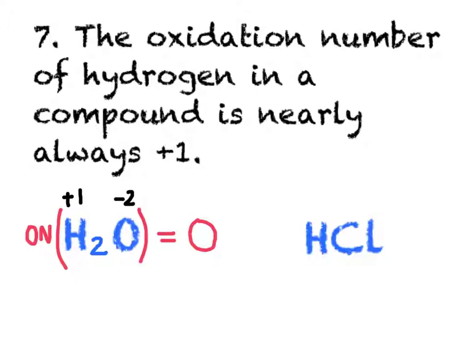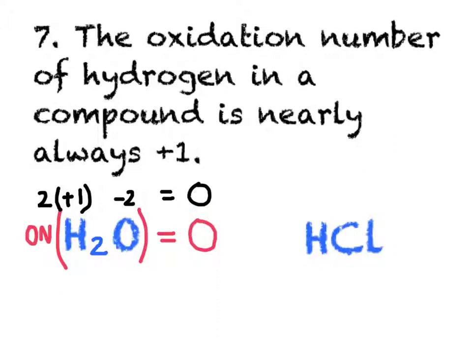But we know that there are 2 of them. We mustn't forget that. So we need to multiply this plus 1 oxidation number by 2. 2 times plus 1 is going to be plus 2. Add that to minus 2. That's going to get us a total of 0, which tallies with what we know from rule number 3.